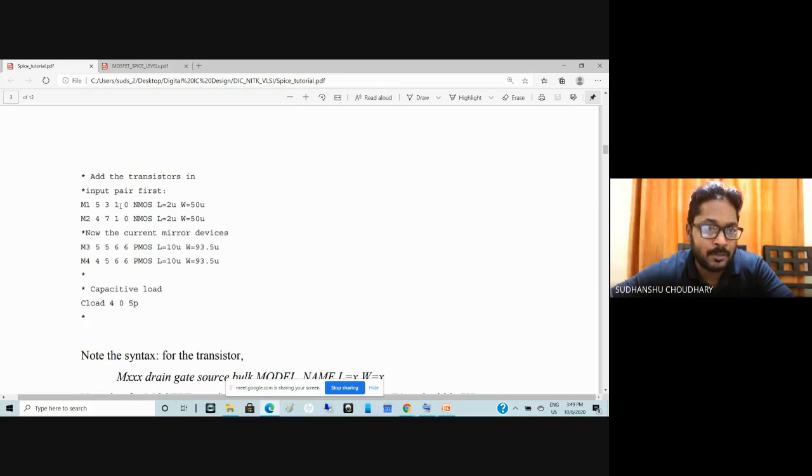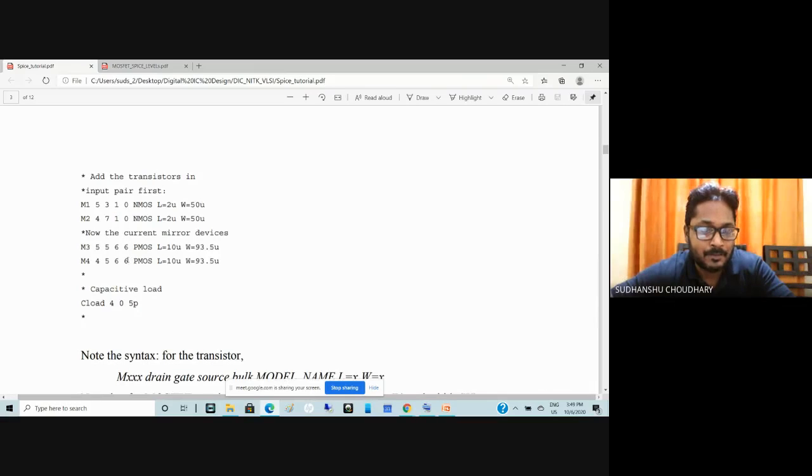MOSFET is a 4-terminal device. If I take NMOS, source and bulk are always tied, and the terminals are drain, gate, source, bulk. So 5 is the drain of M1, 3 is the gate, 1 is the source, and 0 is the bulk. Source and bulk are always shorted in an NMOSFET.